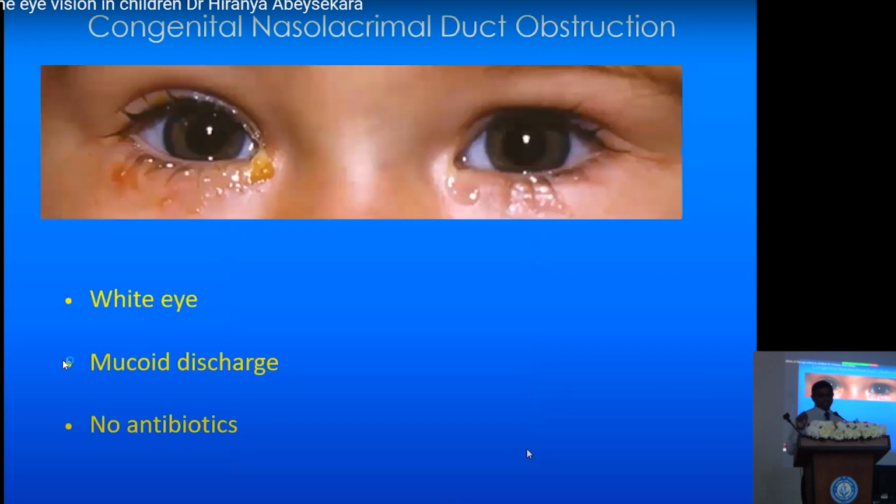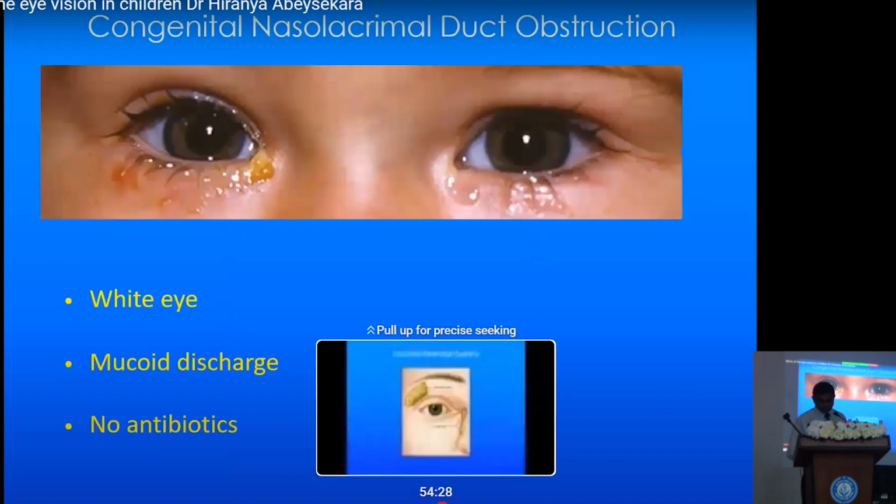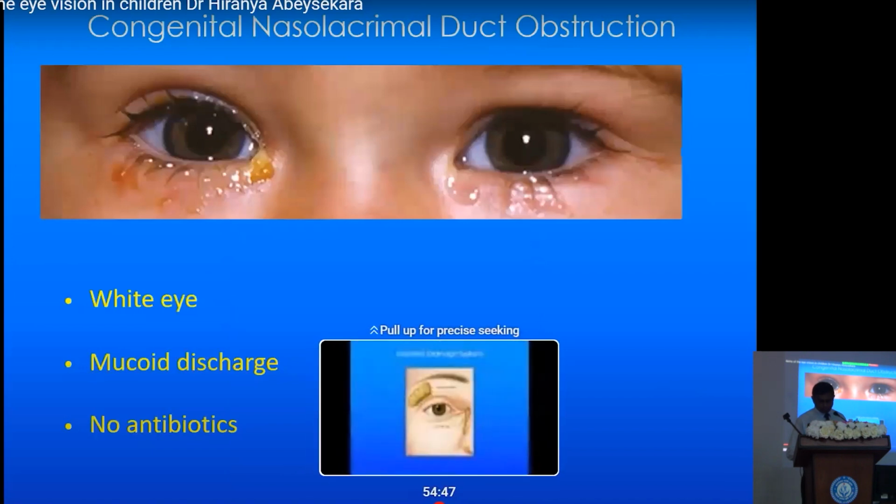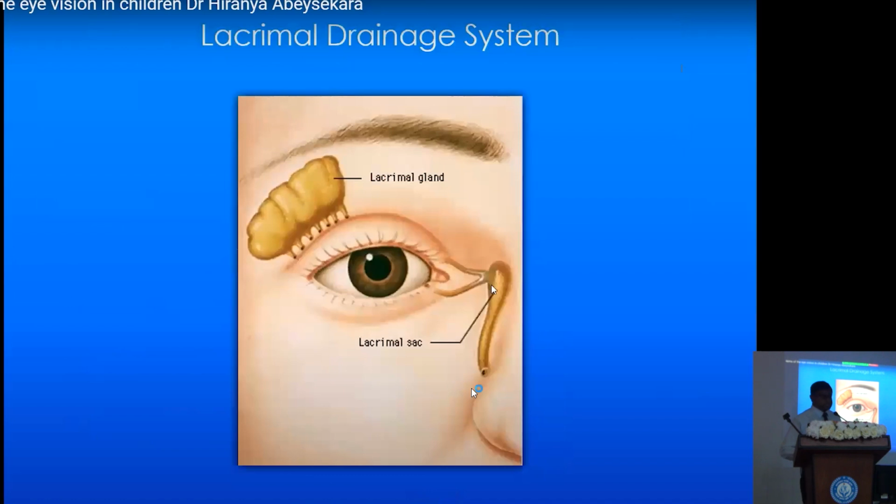So congenital nasolacrimal duct obstruction does not need any antibiotics because antibiotics are not going to solve the problem. Because the root cause is the valve of Hasner, which is on the edge of the nasolacrimal duct, is closed. It's not open in these infants.